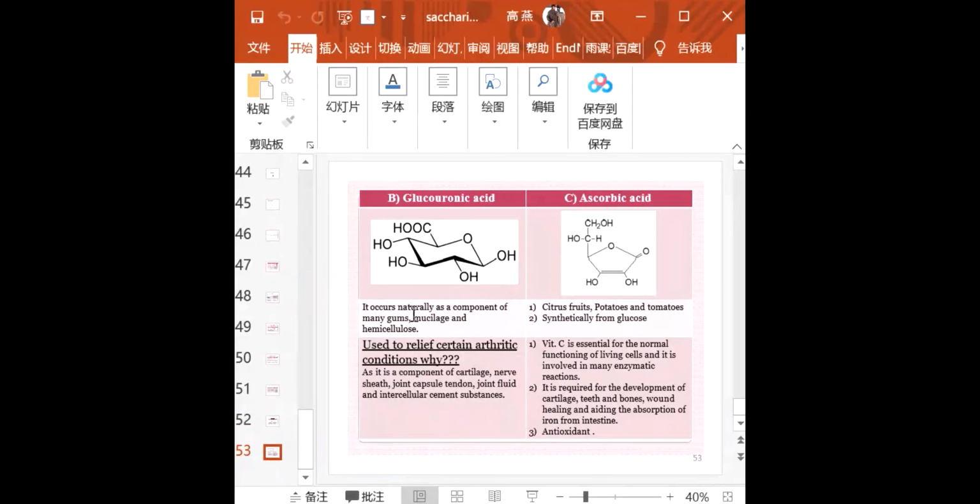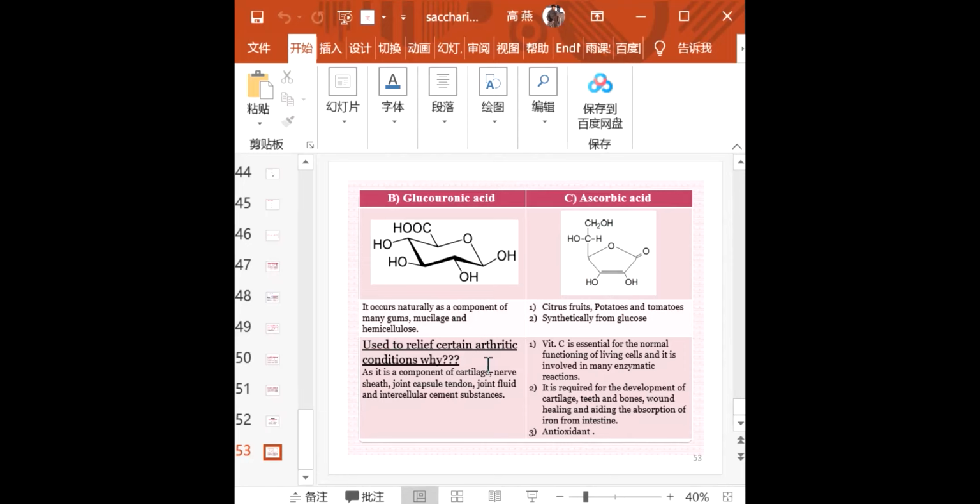And it usually occurs naturally as a component of many gums, mucilage, and hemicellulose, okay? Gum and mucilage and hemicellulose are all polysaccharides.